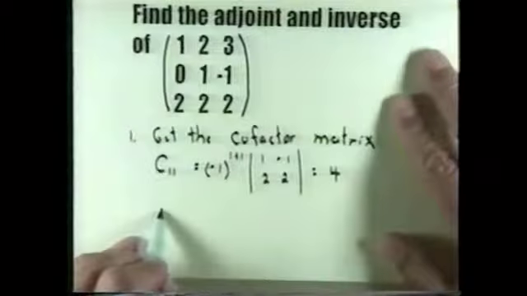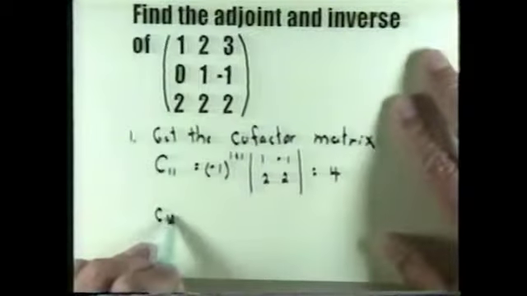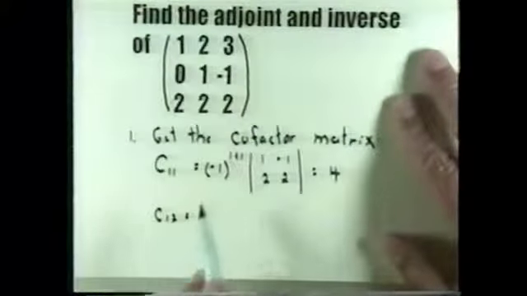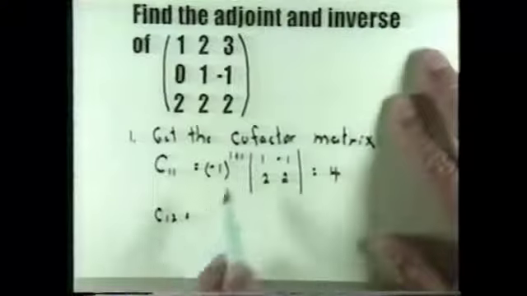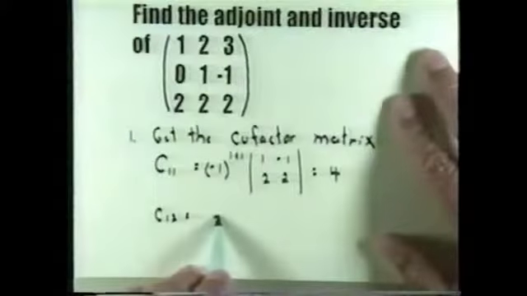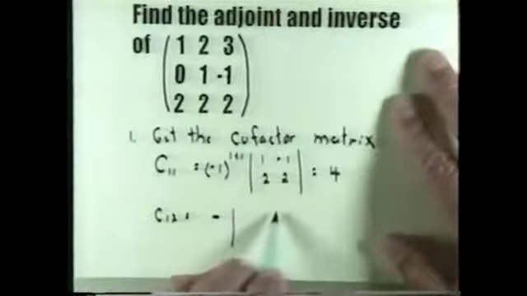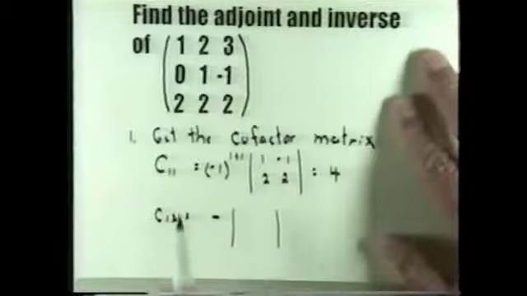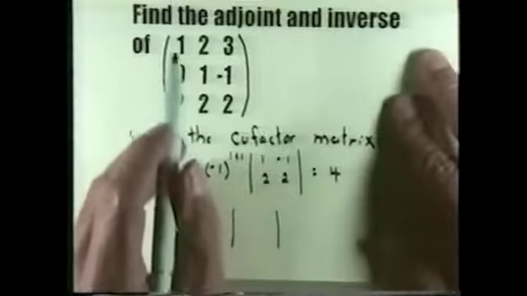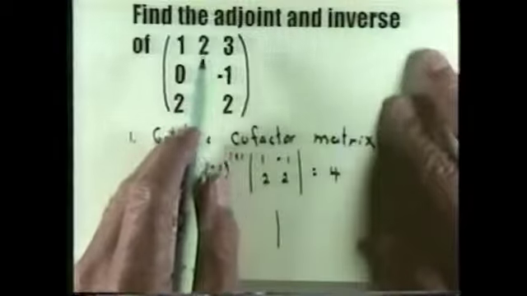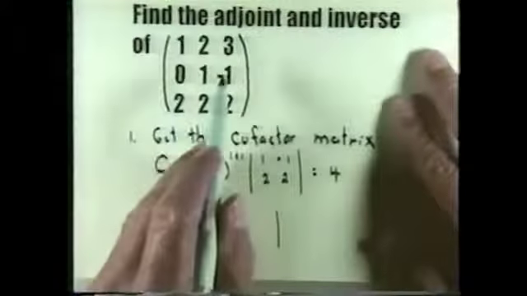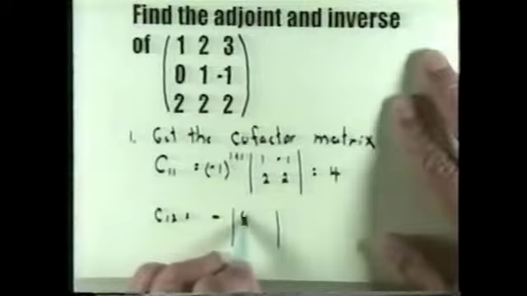C12. Now that's going to be negative 1 to the third, 1 plus 2, so that's going to be a negative. And the determinant with row 1, column 2 removed is going to be 0, negative 1, 2, 2.